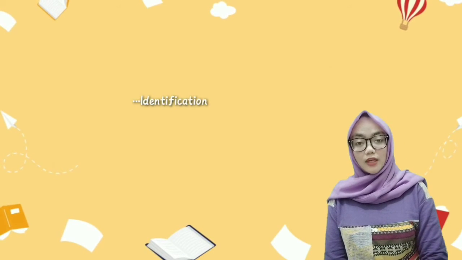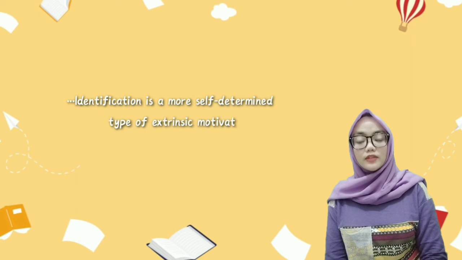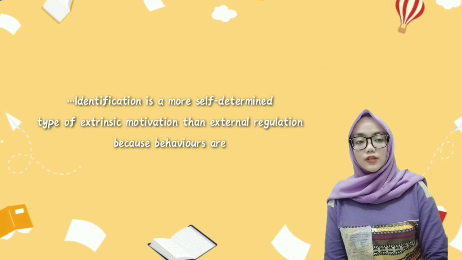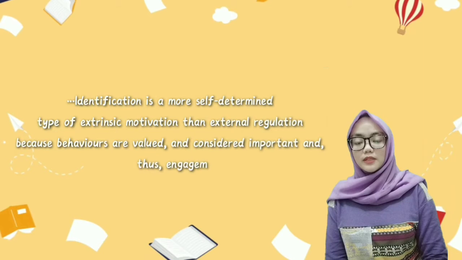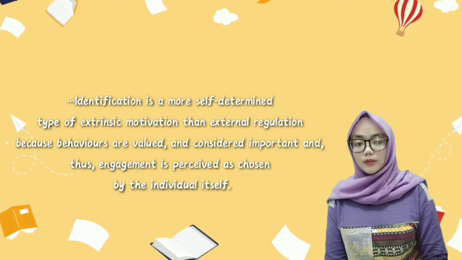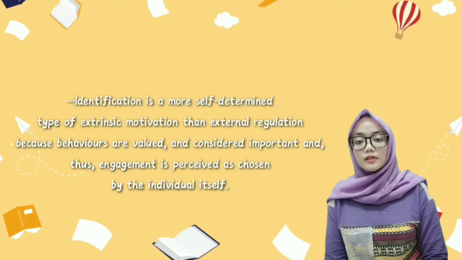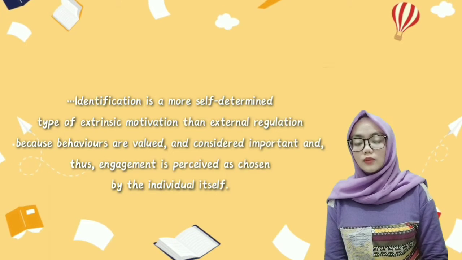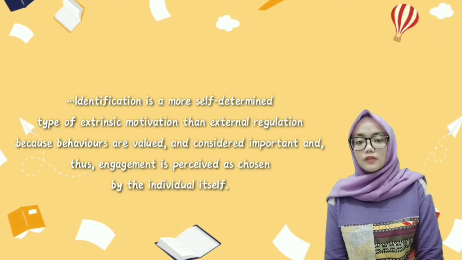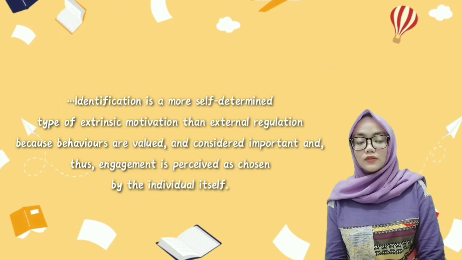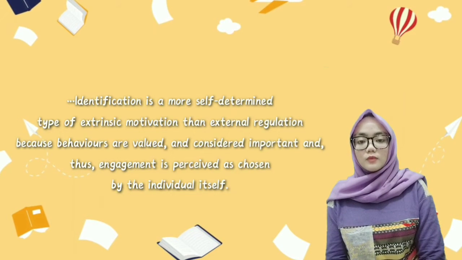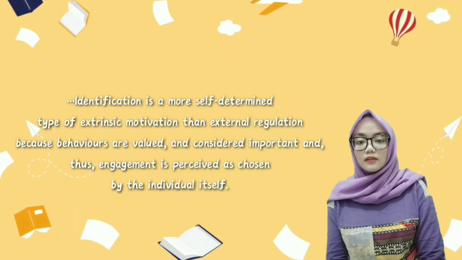Identification is a more self-determined type of extrinsic motivation than external regulation, because behaviors are valued and considered important, and thus engagement is perceived as chosen by the individual. Integrated regulation refers to the most self-determined type of extrinsic motivation regarding internalization.